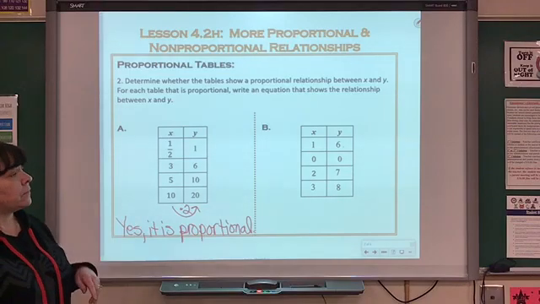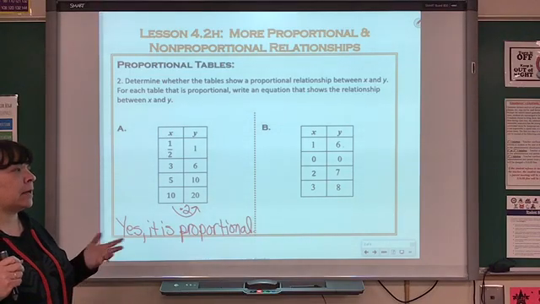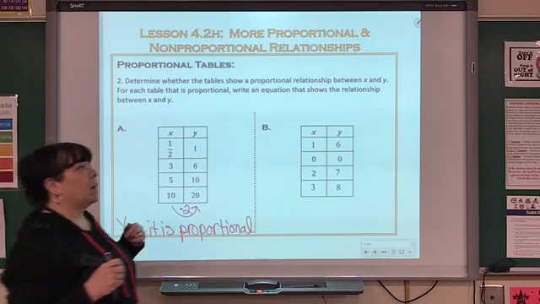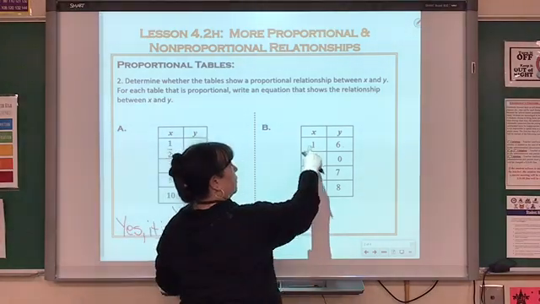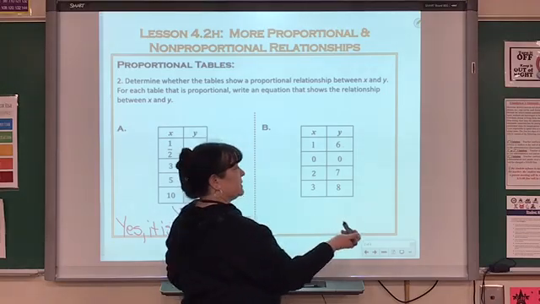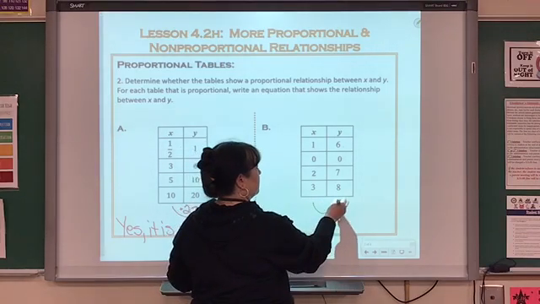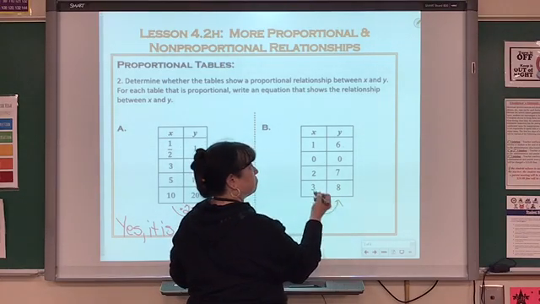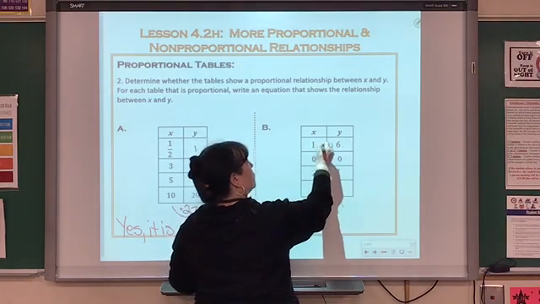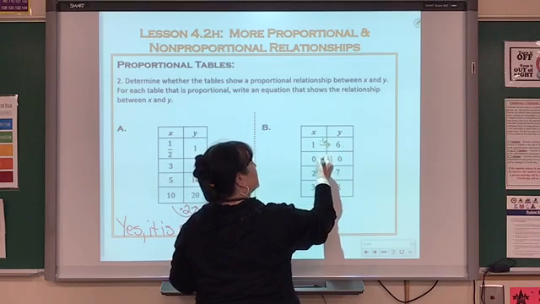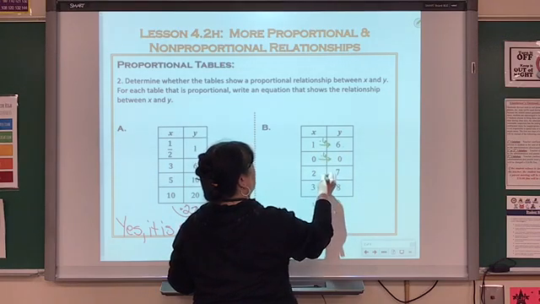My other one, if I look at that and I say, okay, I'm starting with 1. Well, for 1 to become 6, I would need to multiply by 6. Yes? Well, 1 times 6 is 6. 0 times 6 is 0.